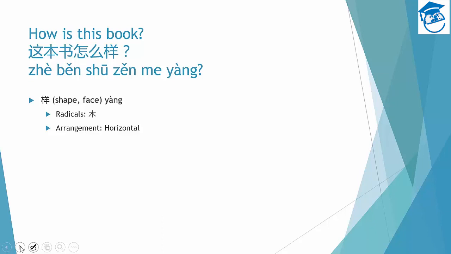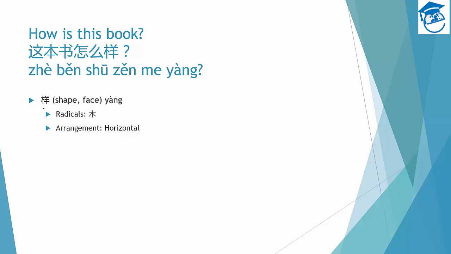Okay, and previously you have learned 怎么 as how, but that how is to ask for direction. But this how is asking for description, how the other person thinks of something. To ask about how you feel about certain things, you ask 怎么样.